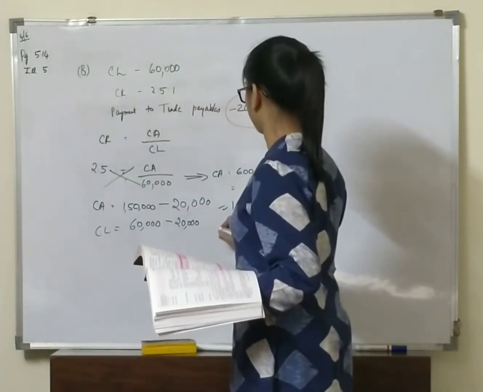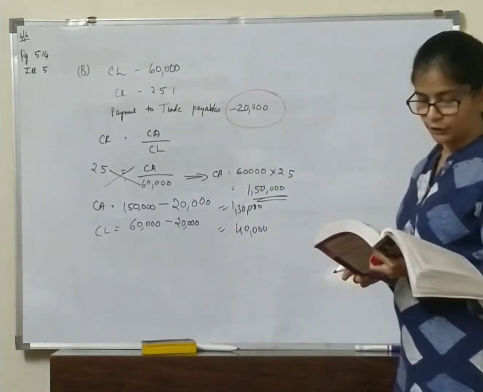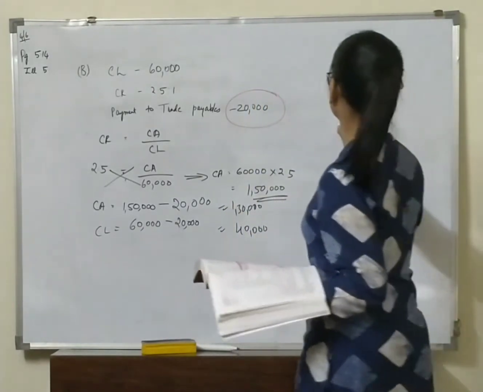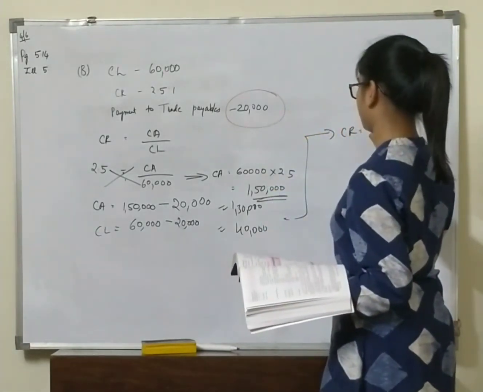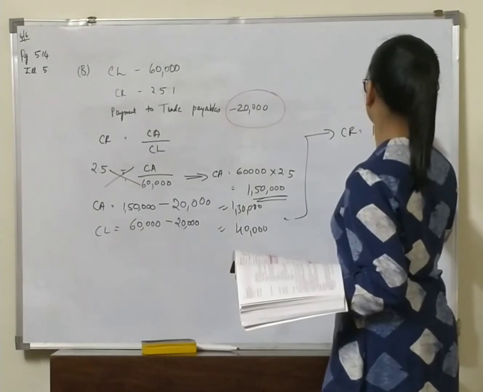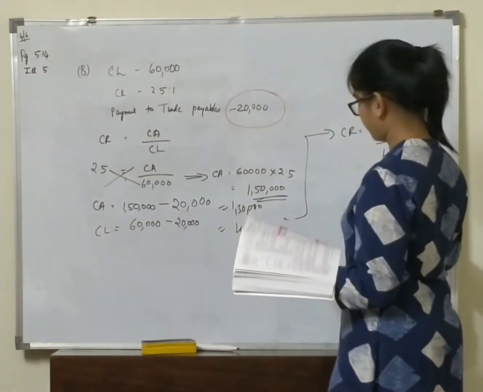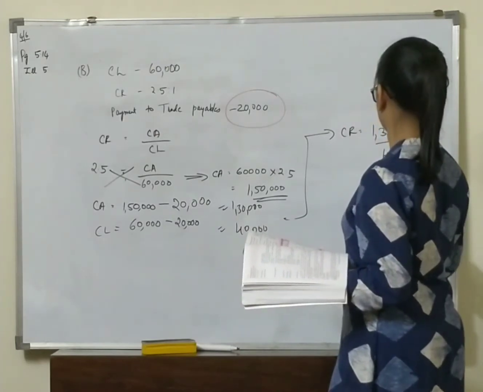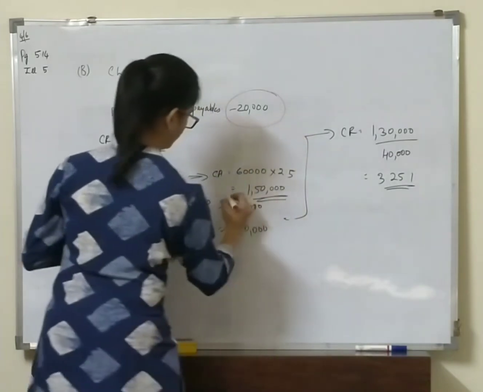So our current assets will be 1,30,000 and current liabilities will be 40,000. So what will be our current ratio now? 1,30,000 divided by 40,000, which is 3.25:1.